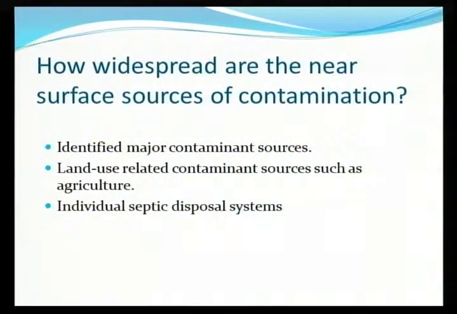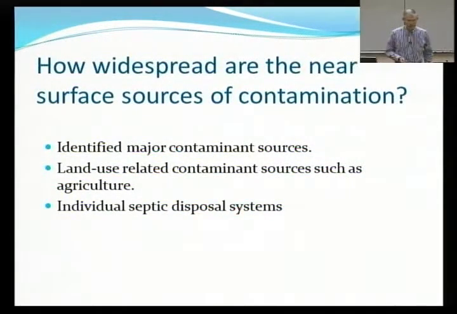I mentioned that the well can provide the avenue for contamination of an aquifer, from near-surface sources. So the question is, how widespread are the near-surface sources of contamination? Well, we can look at different categories. Certainly one is identified major contaminant sources, such as a specific facility.